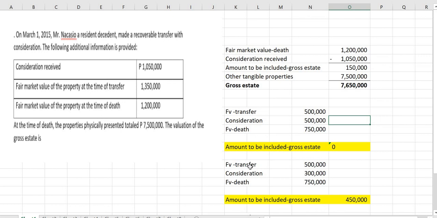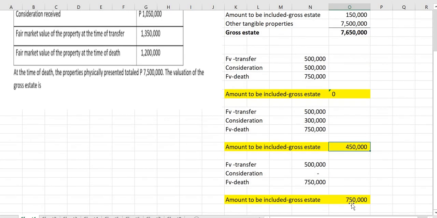In this case, if the fair market value at the time of transfer is 500,000 and the consideration is 300,000, this is a transfer for less than adequate and full consideration. So you include in the gross estate the difference between the fair market value at the time of death less the consideration received of 300,000, so you have 450,000 to be included in the gross estate.